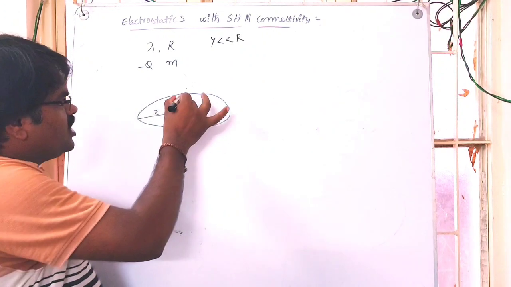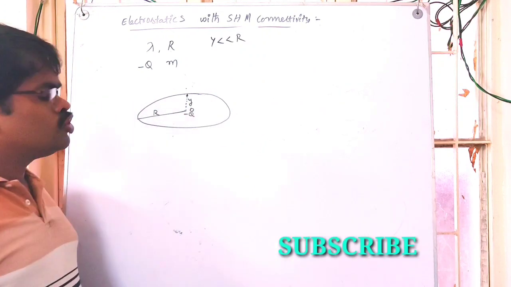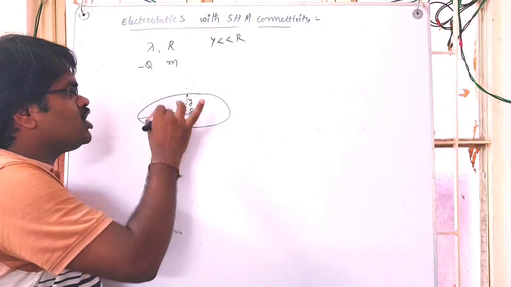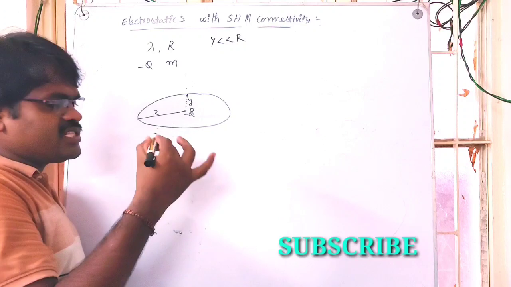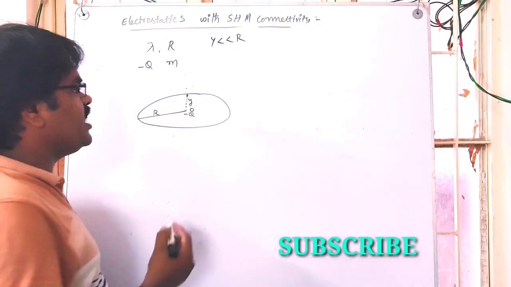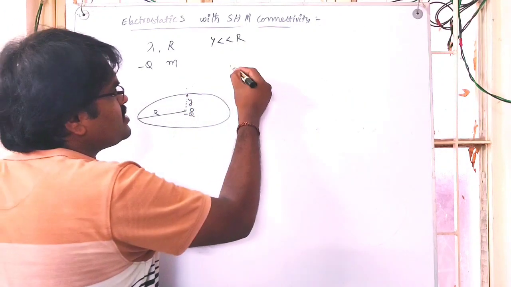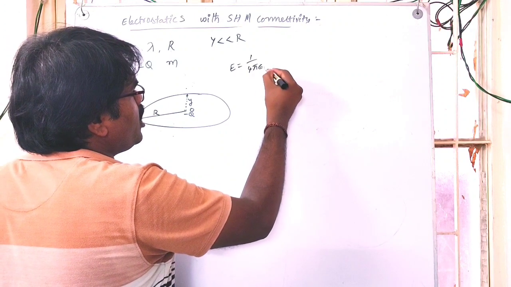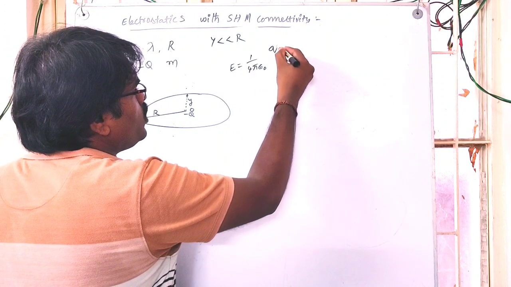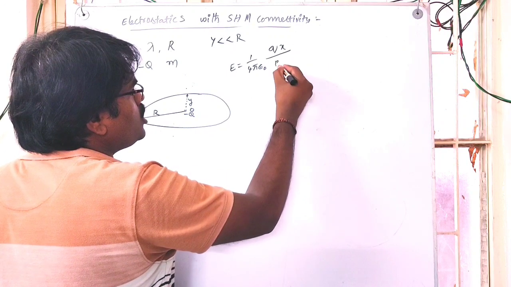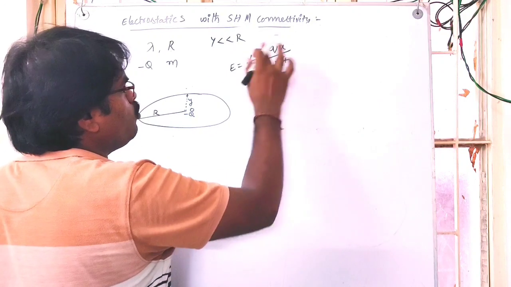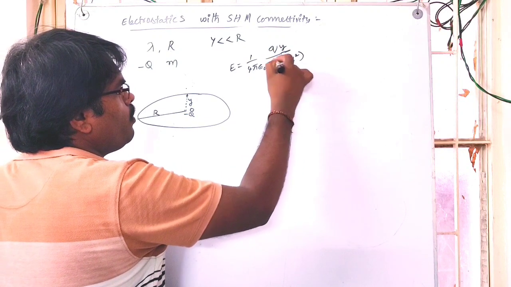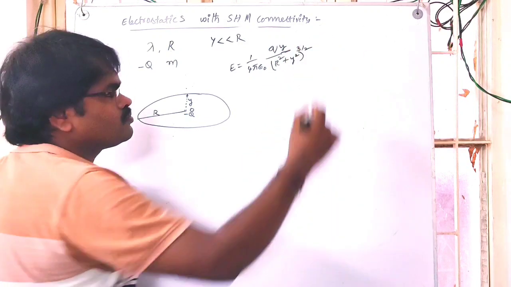Then the electric field due to the ring at a distance y from the center on the axis is equal to 1 by 4 pi epsilon naught, qy by (r square plus y square) whole power of 3 by 2.